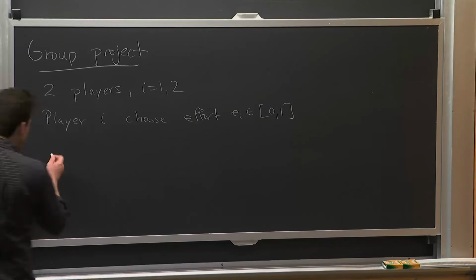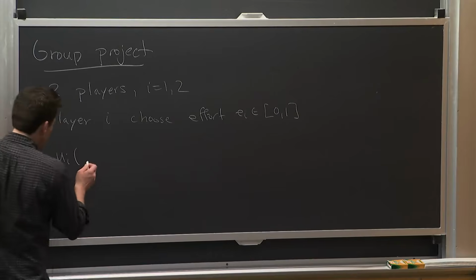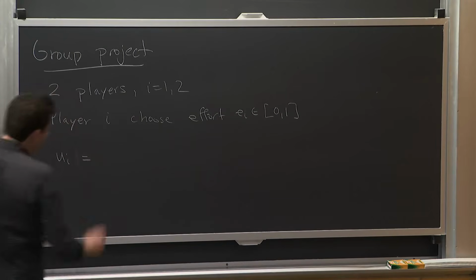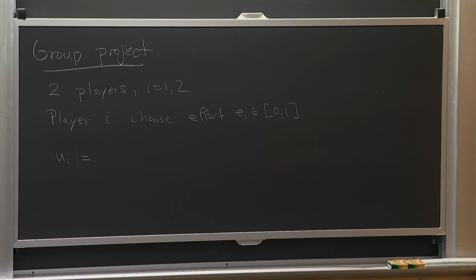And now we're going to say the payoffs to player i. Well, player i's payoff depends on how well the project turns out, minus the cost they have to bear to exert effort.